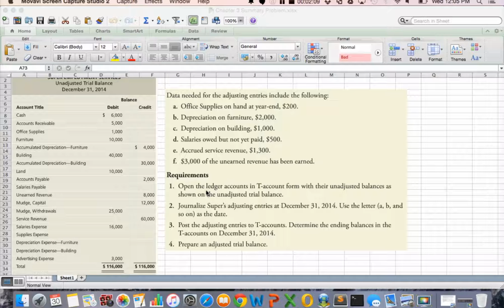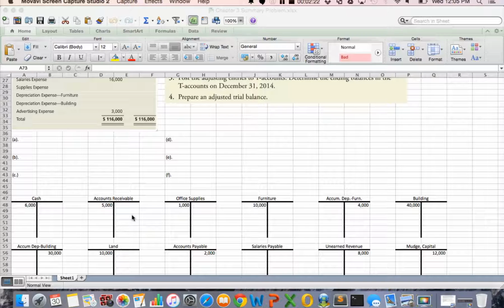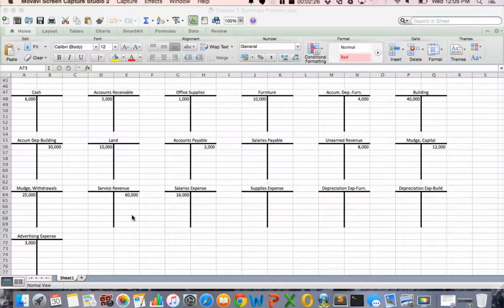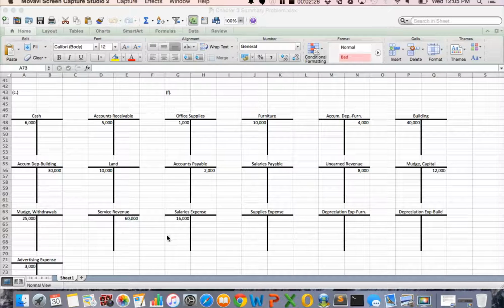First, open the ledger accounts, which is all of these accounts in the ledger, into T accounts or T charts, and use their unadjusted balances to open them up. So I've already done that right here. I have all of those accounts that are listed in the unadjusted trial balance, and all the ones that have any balance listed, I have written that out here.